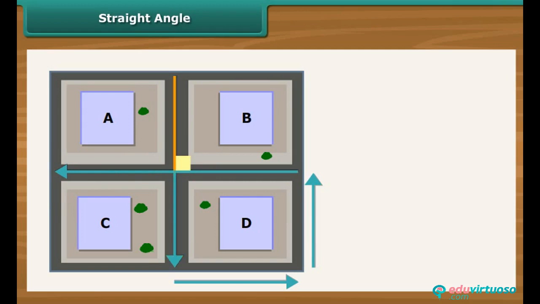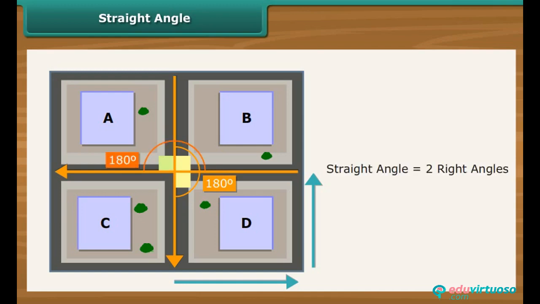In other words, he covers a straight angle of 180 degrees. Rajiv covers another straight angle in this jogging route. Can you identify it? Yes. When he jogs from pocket B to pocket A, he covers another straight angle.